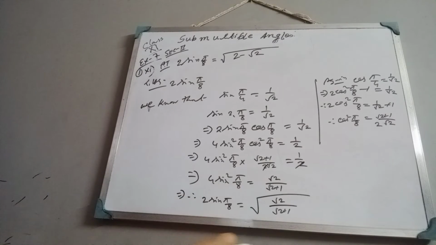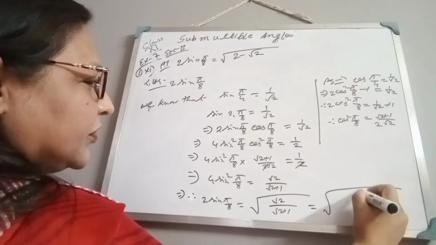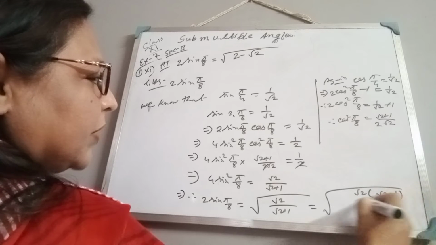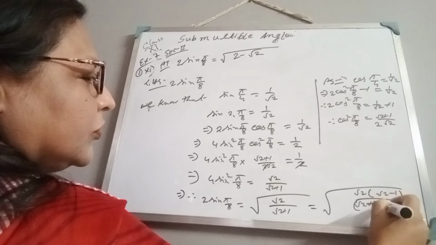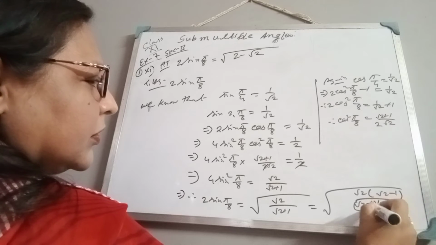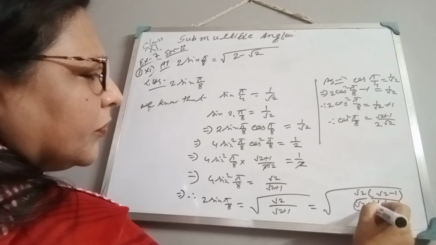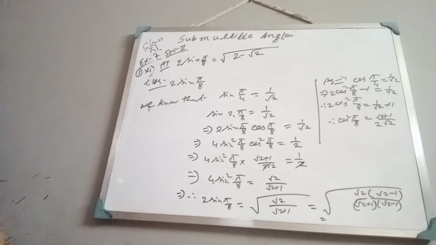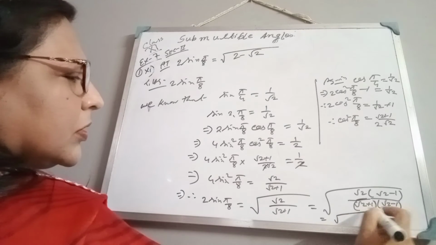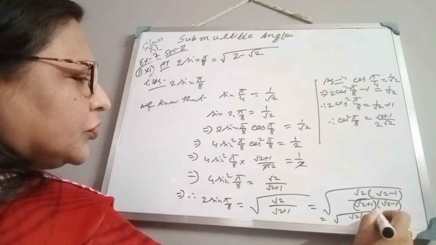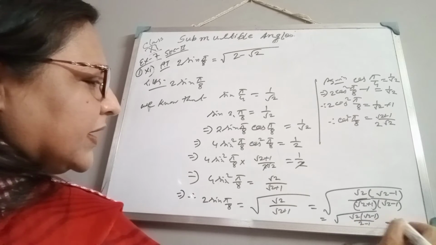Now rationalize. We have to do the rationalization here. So square root of this is coming root 2 into root 2 minus 1 by root 2 plus 1 into root 2 minus 1. A plus b into a minus b. So it is coming root 2 into root 2 minus 1. Root 2 square means 2, 2 minus 1, that gives us 1.